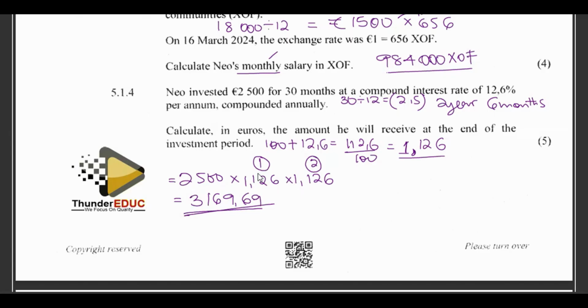So the 6 months, how are we going to do it? Since the 6 months is not a full year, we shall say 0.5 times the percentage there. What do we get? So now this percentage is the one that we are going to deal with. Now it becomes 1,063.